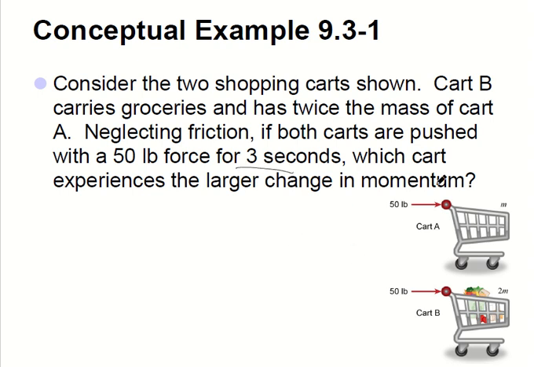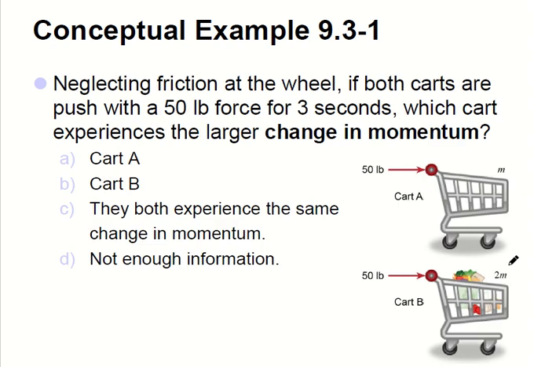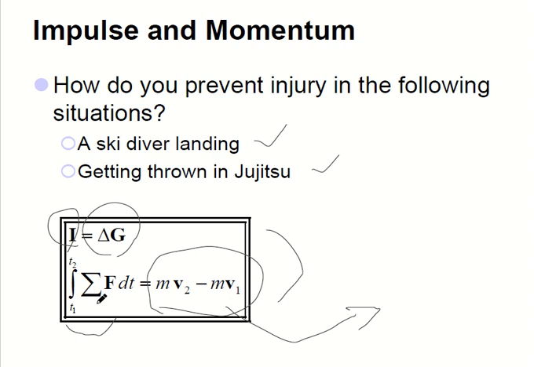Now we have to calculate the momentum of each cart and see which one is going to experience a larger change in momentum. So you have initial and final, your mv1 and your mv2, and then you're going to take it out. Of course, now you're given the force, so I'm going to go back a couple of slides. I just want to come back here to show you how the force and the time are linked to the initial and final momentum.